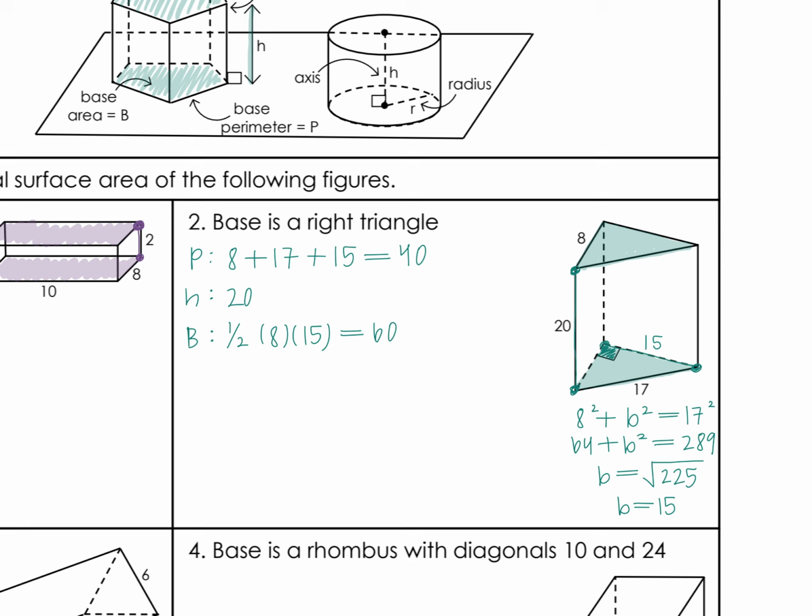Now, for this one, I am finding my lateral area. So my lateral area is going to be pH. So 40 times 20 is going to give me 800, and we need to include our units squared since this is area.